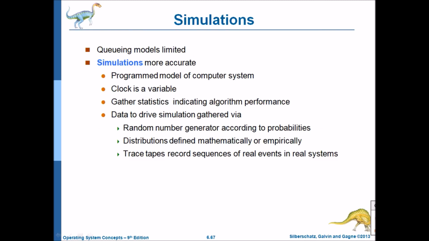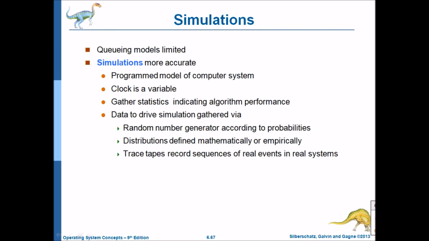So let's proceed. Queuing models are limited, so we proceed to simulations. To get a more accurate evaluation of the scheduling algorithms, we can use simulations. Running simulations involves programming a model of a computer system.